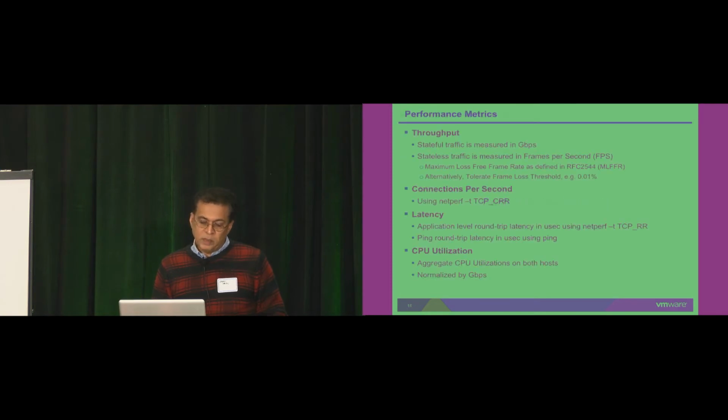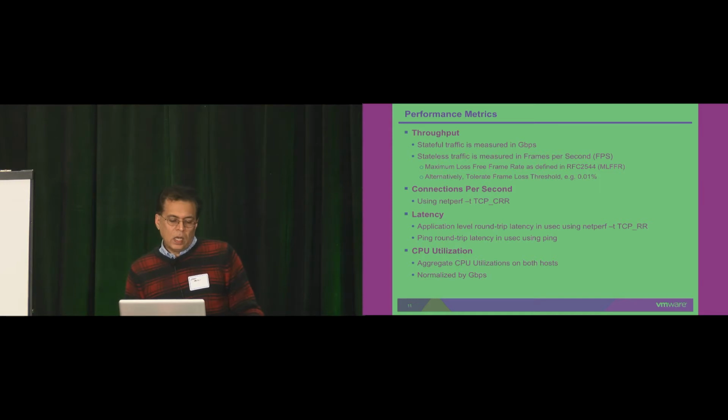A word about the performance metrics that we usually collect. Obviously, throughput is important for stateful traffic, just Gbps. For stateless traffic, frames per second is an important metric. RFC 2544 talks about maximum loss-free frame rate, like 0 packet loss. For virtual switches like OVS, since there is resource sharing and your CPU may be doing other things as well, sometimes it's more realistic to aim for some small packet loss, right?